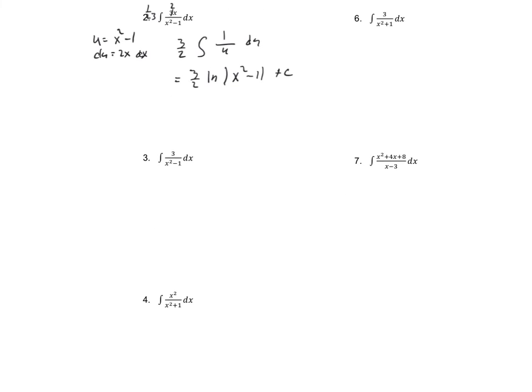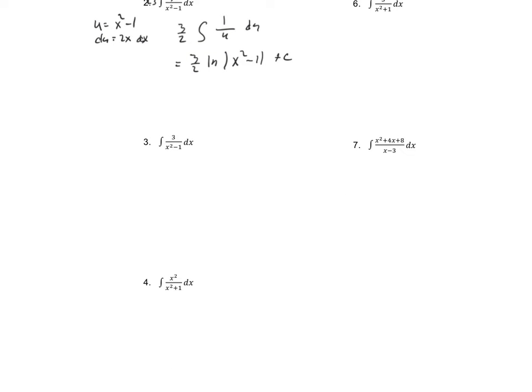All right. So now I do not have the x here in the numerator that I would need, like I had above, for my du to cancel out. So it's not 1 degree different, it's actually 2 degrees different. So now we're going to have to do partial fraction decomposition. So I've got x squared minus 1 can be broken down into x minus 1, x plus 1. So then I have my a over x minus 1 plus b over x plus 1.